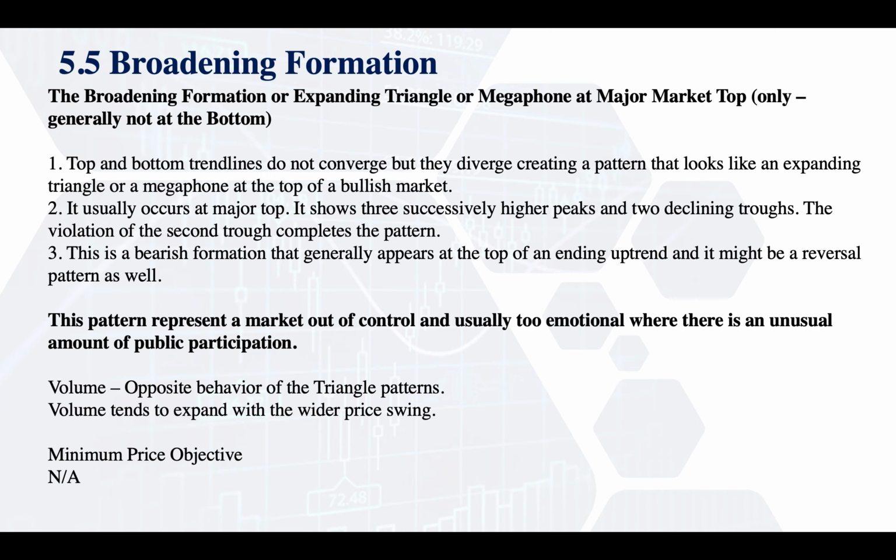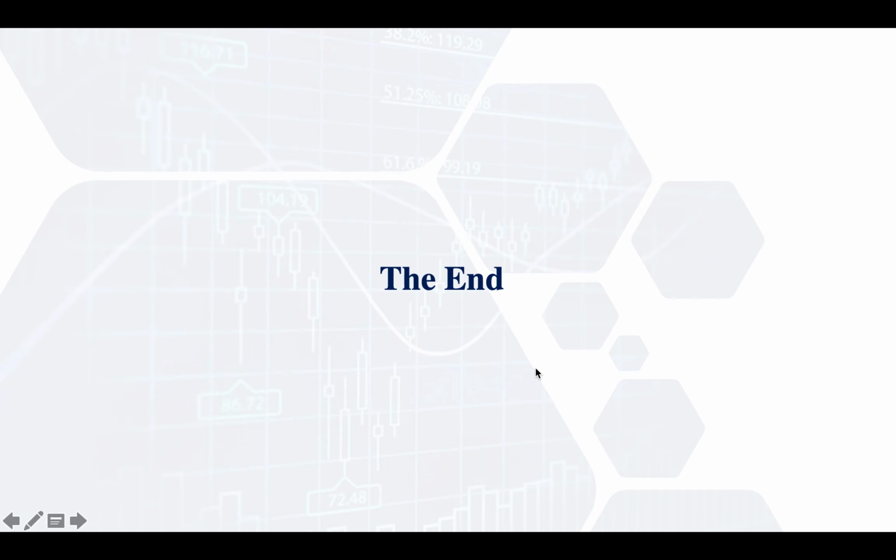It's generally at the top of an uptrend, so it's always a top formation. It's not at the bottom, and it means that the market is generally out of control, because it's usually too emotional, where there is an unusual amount of public participation. So this is what you can read here, and then this is again a little bit of theory.